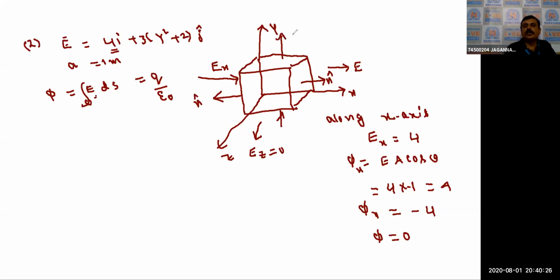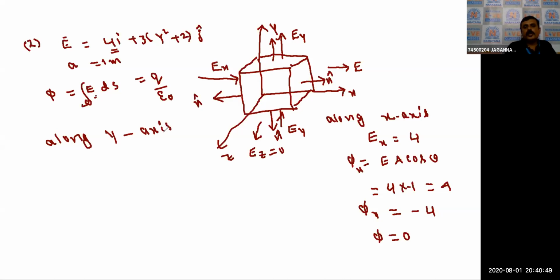The electric field lines are along the y-axis. For this one, this is the normal line, and for this one, this is the normal line. I'm calculating along the y-axis.